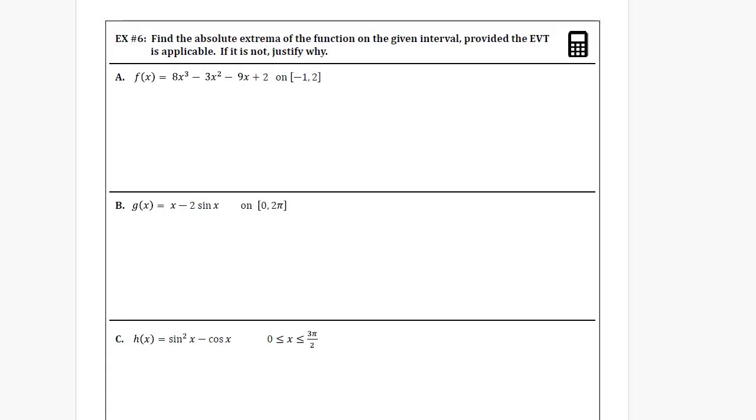So the first thing that we need to find are our critical points. And again, remember, that's where our derivative equals 0 or our derivative is undefined. So it's going to be helpful for us to have the derivative. So f prime of x here is going to equal 24x squared minus 6x minus 9.